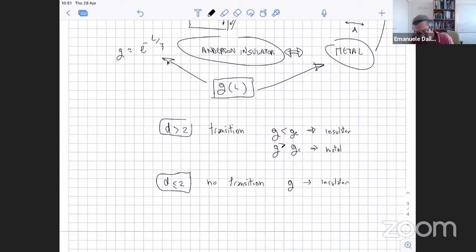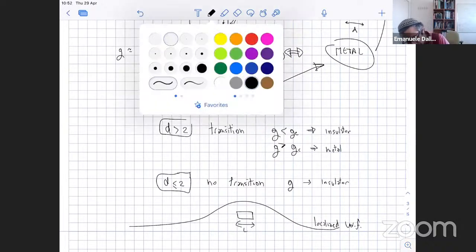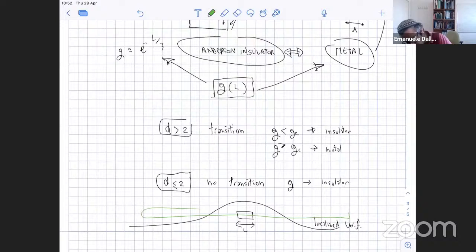At the beginning, think of a situation in which this is your localized wave function. When the system size is small, you say, oh, I don't see any localization. So for a small chunk of material, it looks like a metal. Then you increase the system size more and more, and eventually you end up with a huge system like this, and you say, oops, there is a problem.